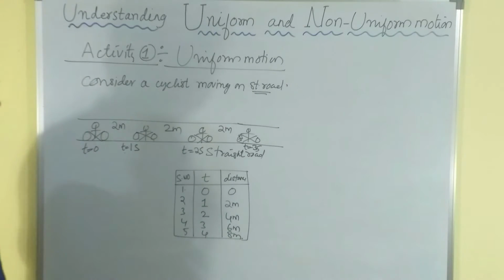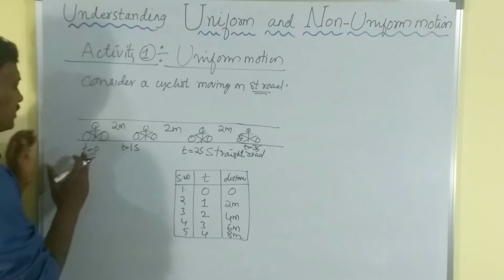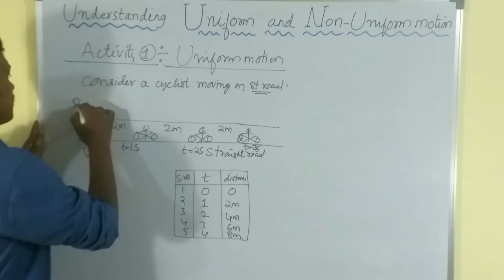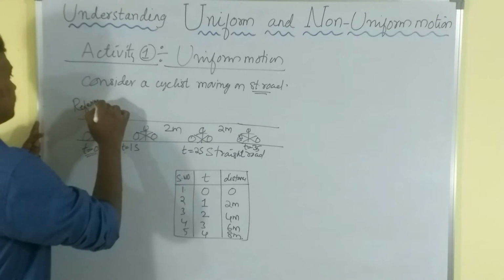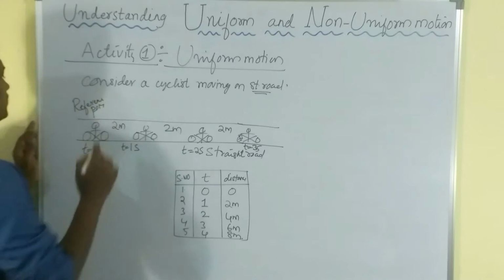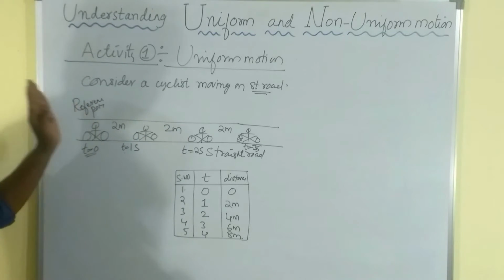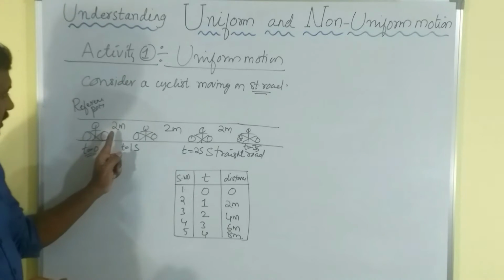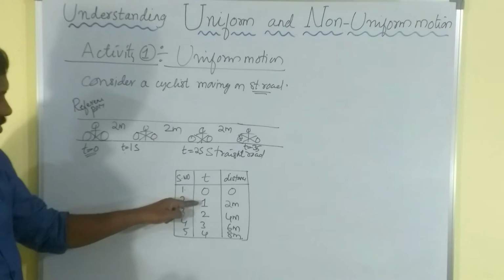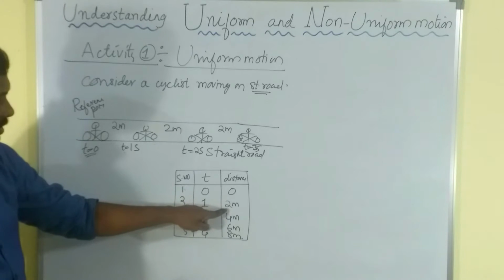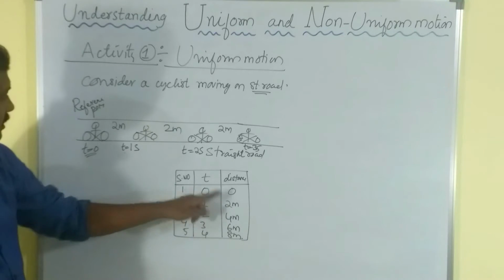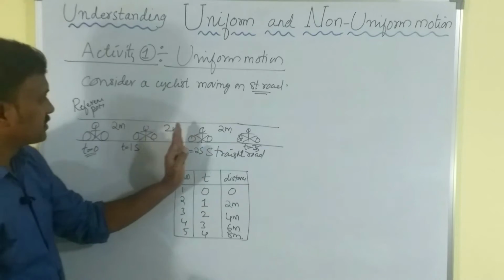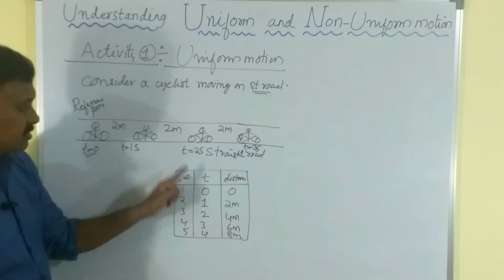Suppose this is the reference point. The vehicle is here, and now the time starts. After 1 second, the vehicle comes here, covering a distance of 2 meters. And again after 1 second, another 2 meters, so total 4.